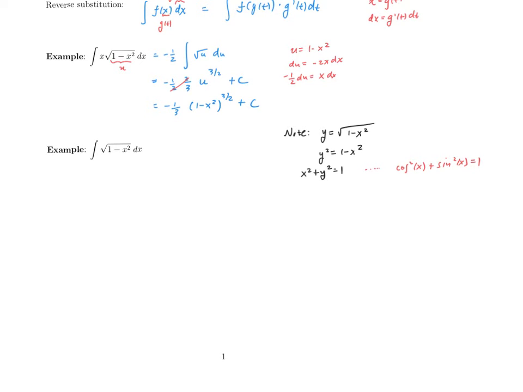So with that in mind, we are going to evaluate this integral using a reverse substitution. I'm going to set x equal to sine of theta, which makes dx cosine theta d theta. And note, we could really let x be equal to sine or cosine. I am choosing sine purely for the convenience of not having an extra negative sign come up in the dx.